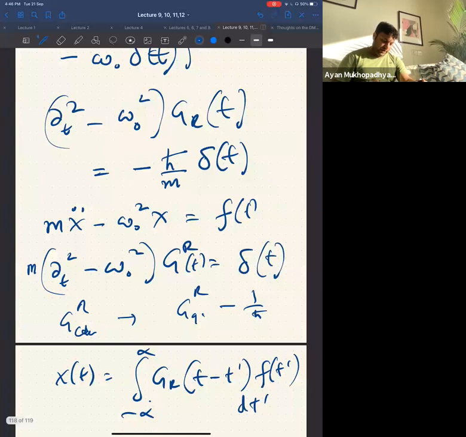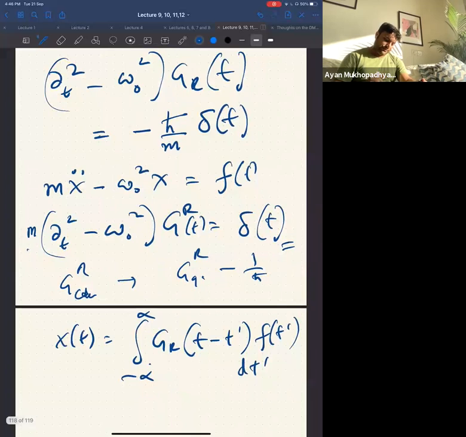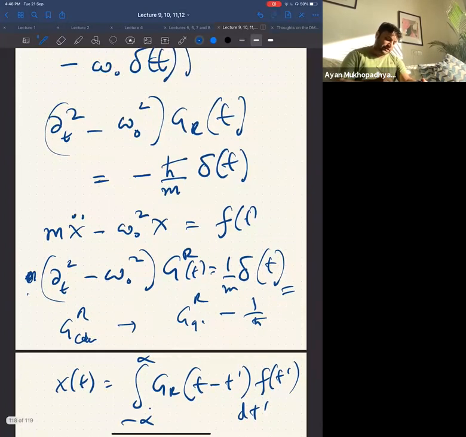This should be minus omega naught squared x equals some force, and I put a delta t here, and m becomes 1 over m. Yeah, that is correct. So there has to be a 1 over m factor. So I have to solve it with 1 over m delta t. Oh, I see. Okay, so this is not the equation.